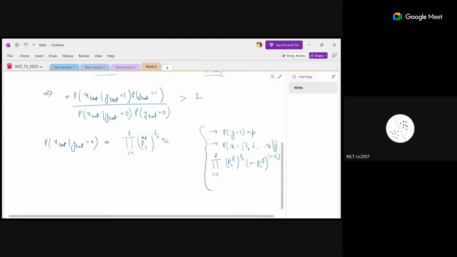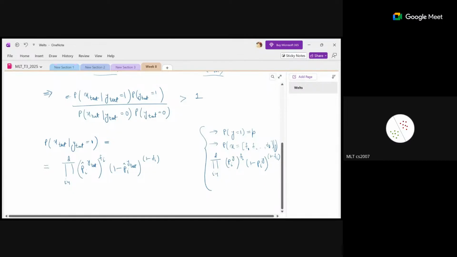Now, if the estimate is pi hat, then we can write this to be the product of pi hat y test to the power fi, times 1 minus pi hat y test to the power 1 minus fi, where i is varying from 1 to d. The same thing will hold on the other side.